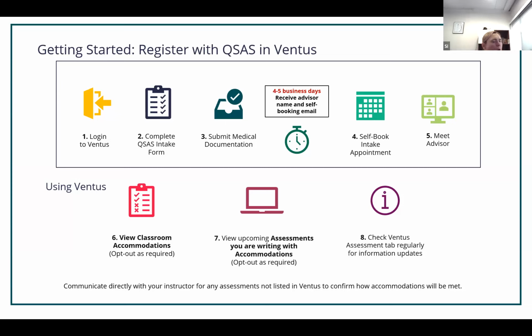Now, if they want to opt out of using those accommodations, they have the option to opt out of both classroom accommodations and the assessment accommodations through Ventus. And then they need to check back regularly as instructors add more assessments as the term goes on, for information updates on new assessments.